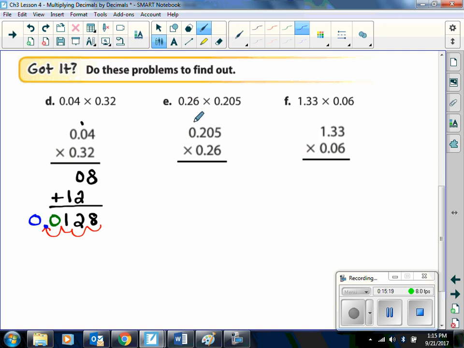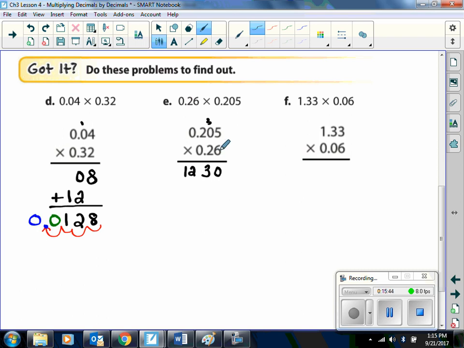So here we have 205 thousandths times 26 hundredths. So once again, multiply like normal. So 5 times 6 is 30. Carry the 3. 6 times 0 is 0 plus 3, 3. And then 6 times 2, 12.